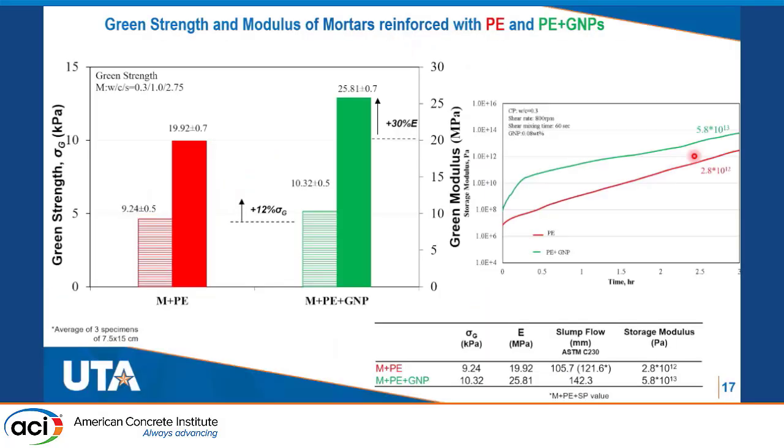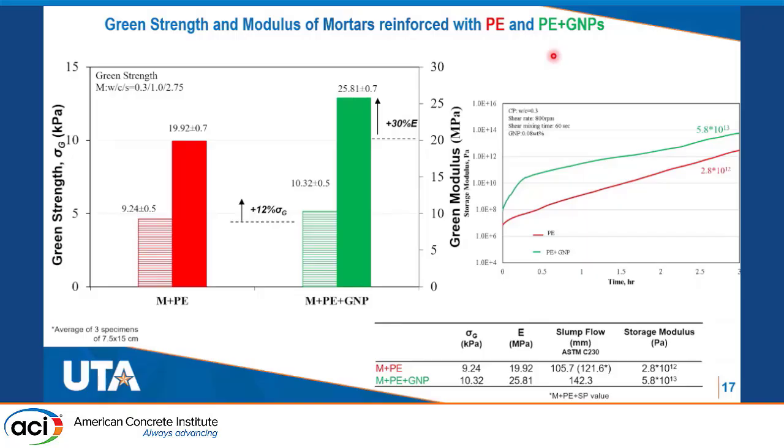Looking at the overall results, we see a profound effect of graphene nanoplatelets on the buildability of polyethylene reinforced mixes. Addition of graphene nanoplatelets ensures adequate green strength as well as sufficient flowability. The effect on the storage modulus, as you can see on the right part of the slide, is also equally impressive.